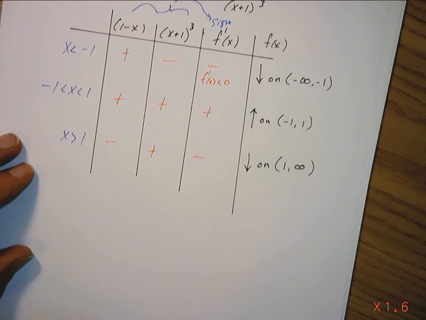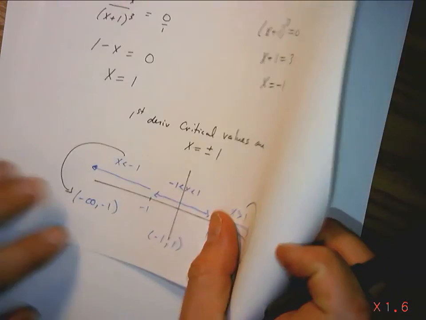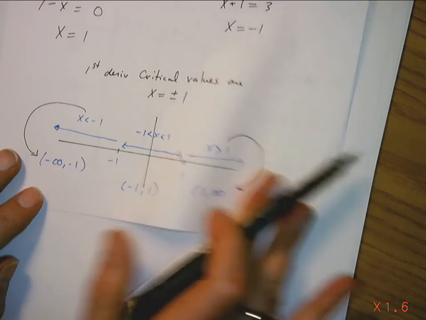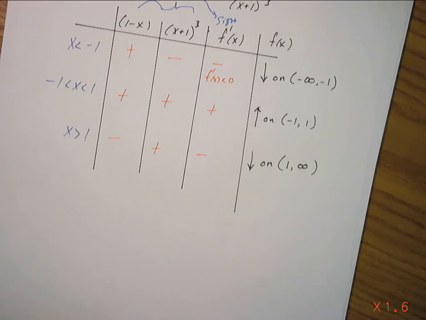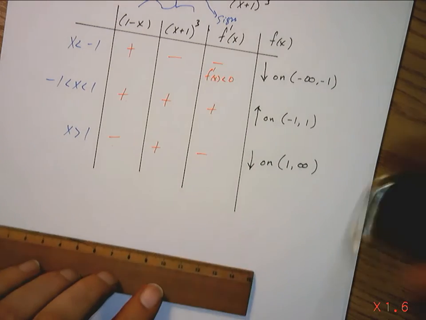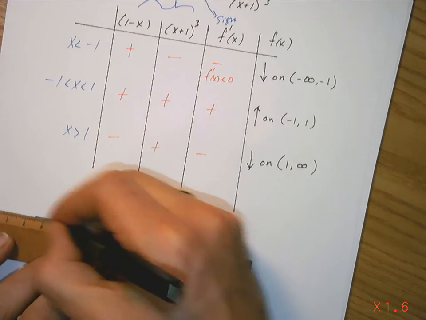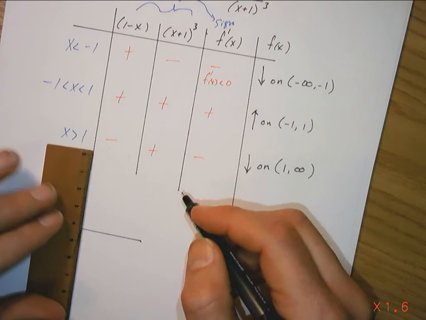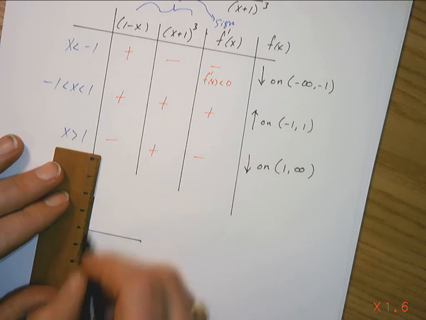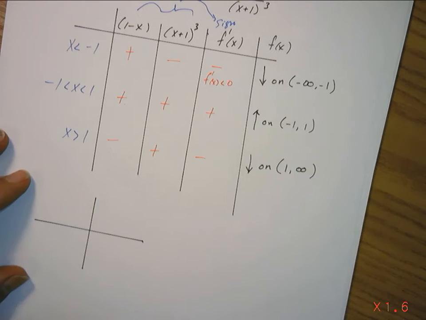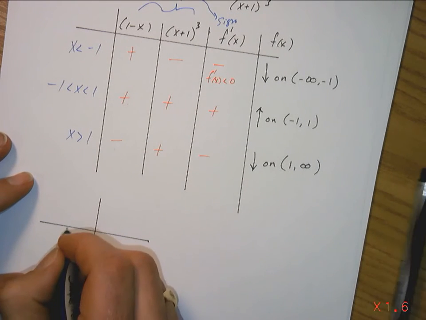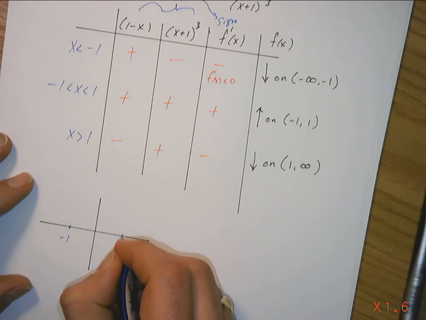Okay, so we now know about f. Why don't I do a quick little chart? You won't necessarily have to do this on your test, but it gives you an idea of what's going on. You've got this point -1 here. You've got this point 1 here.